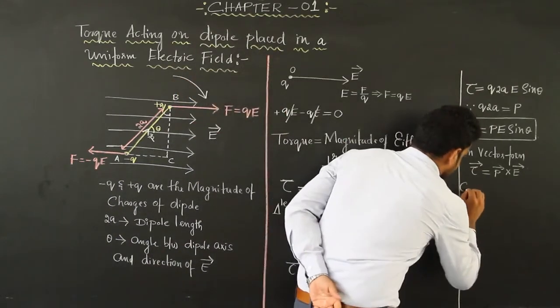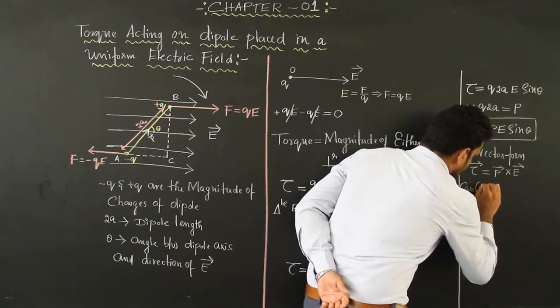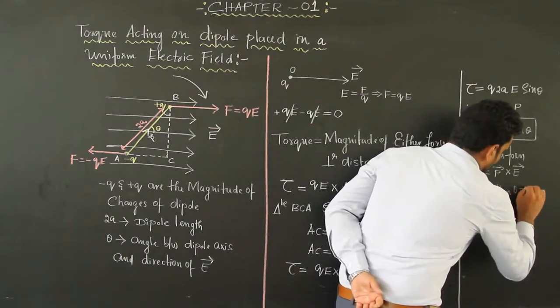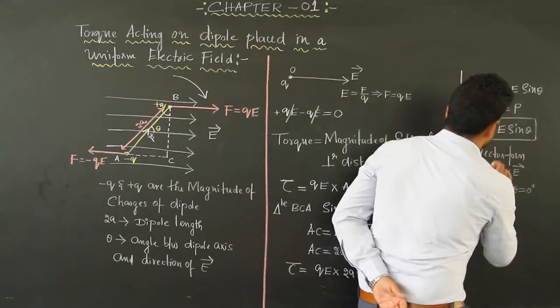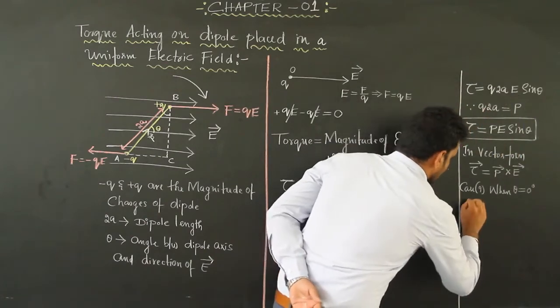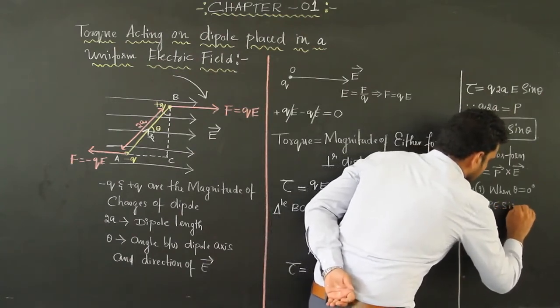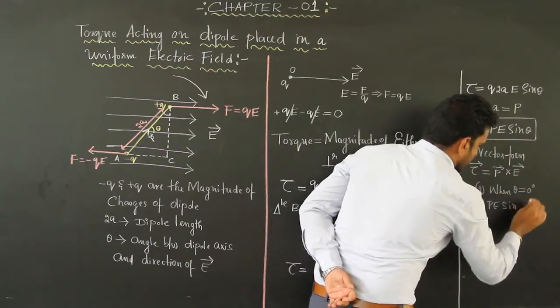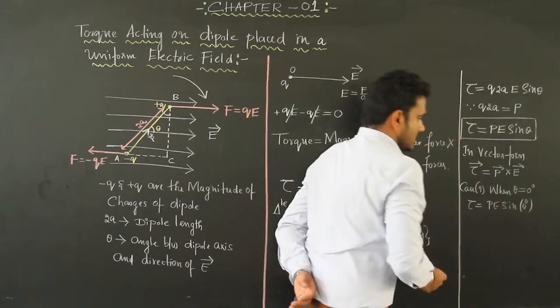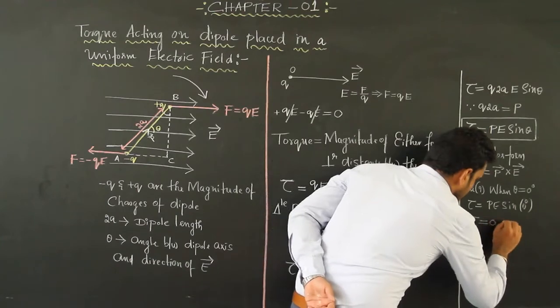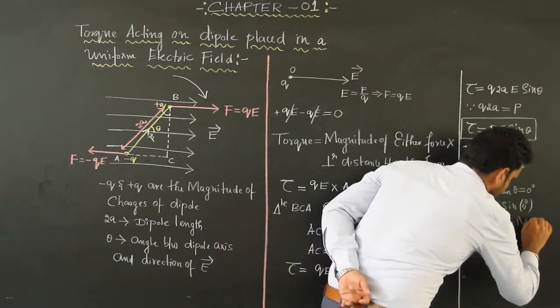Case 1. When theta is equal to 0 degree. By using this equation, tau is equal to PE sin, in the place of theta, 0 degree. Sin 0 is 0. So tau is equal to 0, that is minimum.